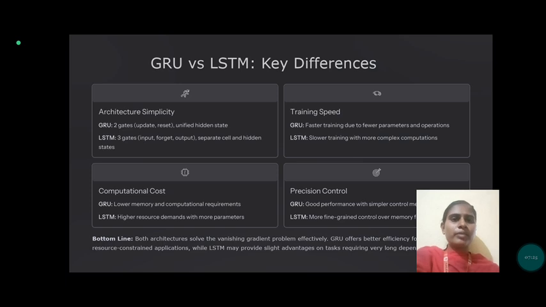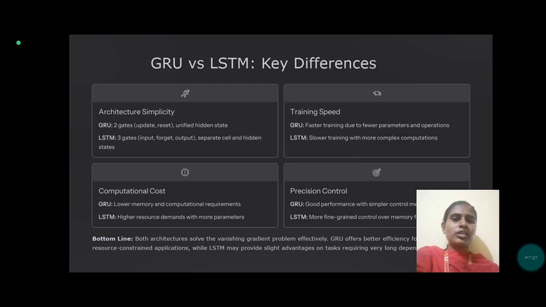Here we compare GRU and LSTM. The first difference is architecture. GRU has update and reset gates with a unified hidden state, while LSTM has three gates: input, forget, and output. Training speed: GRU trains faster due to fewer parameters and operations, while LSTM trains slower with more complex computation.